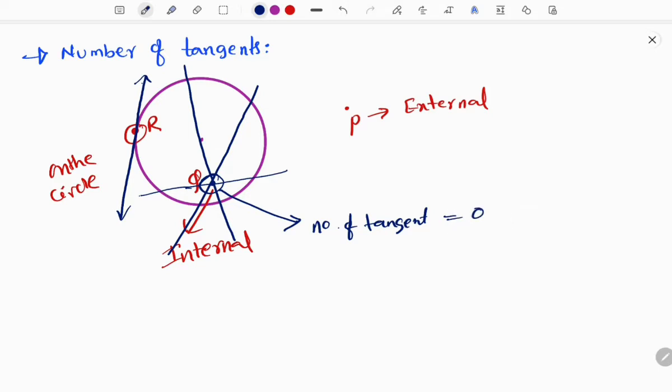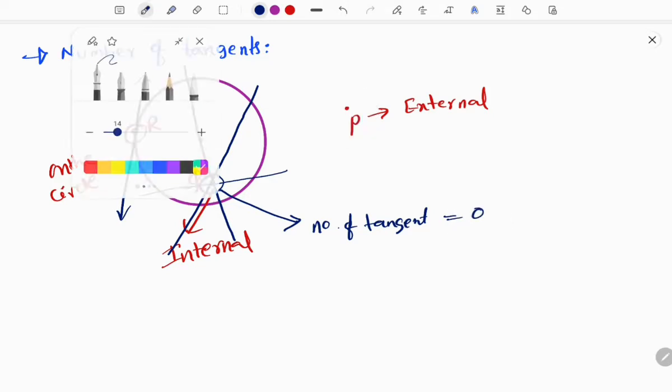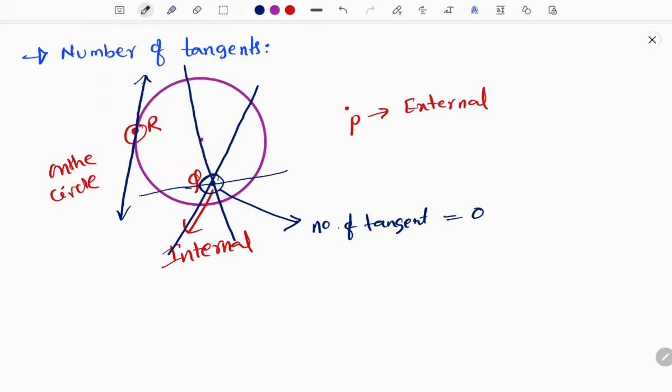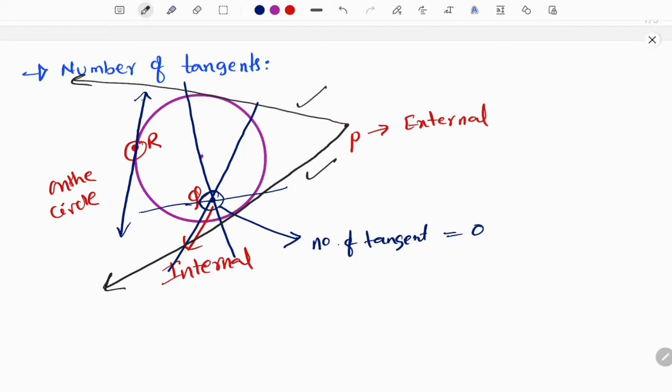So now what about from an external point? See, check it. From this external point we can draw one tangent, yes or no? And this is also another tangent, yes or no? So you can draw two tangents.